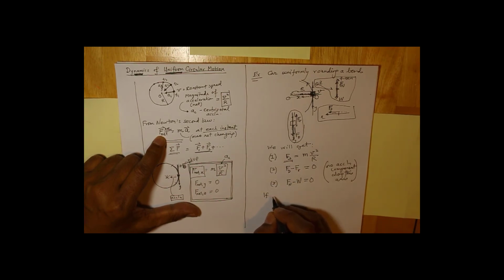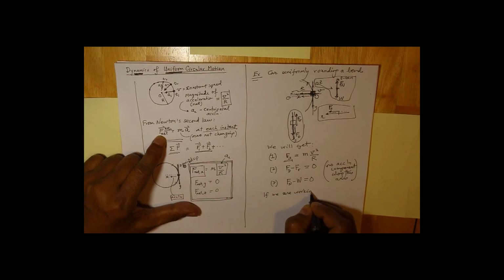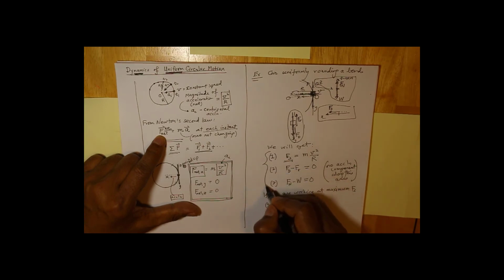If we are working at maximum Fs, like Fs max, then we'll have mu sub s times Fn. We'll have this fourth equation only when working with the maximum static friction. Otherwise, we just have these three equations.